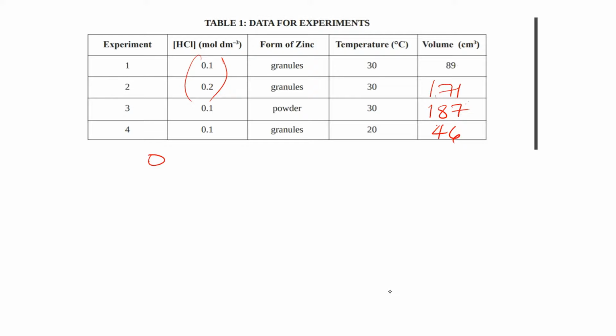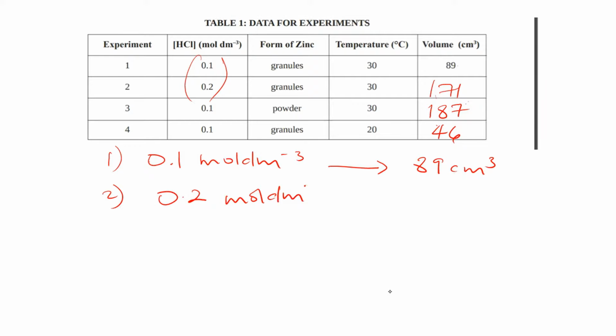So experiment 1, you have 0.1 mole per dm cube and you have 89 cm cube. Experiment 2, you have 0.2 mole per dm cube of the hydrochloric acid used, and we're getting 171 cm cube. So that's an increase in the gas liberated. Why is that so?